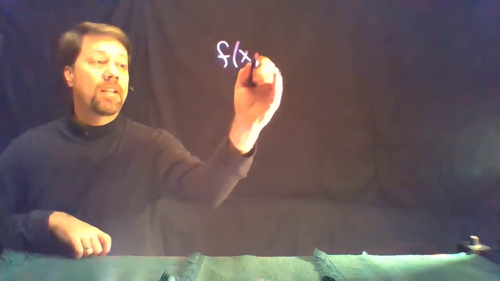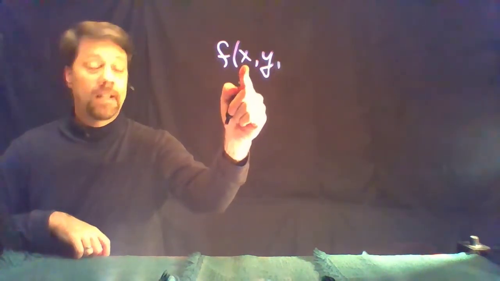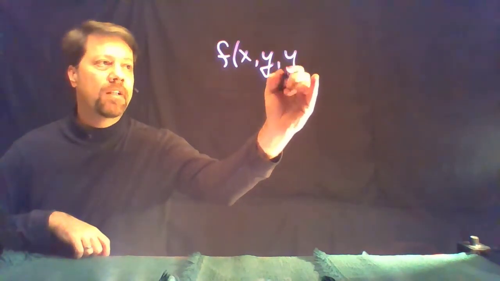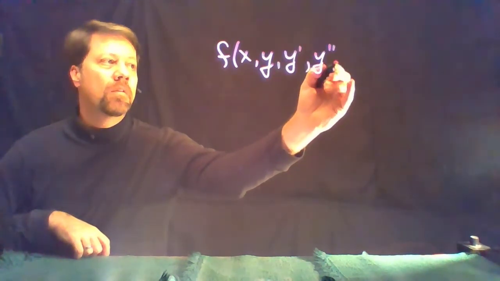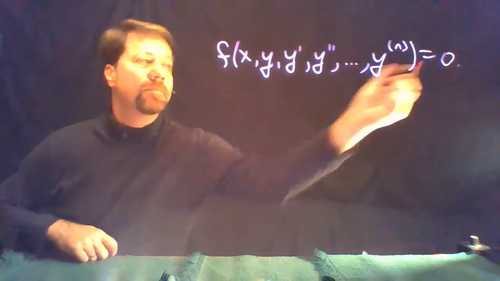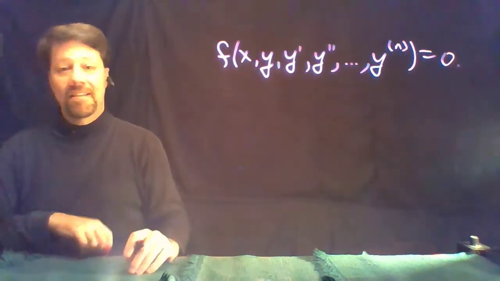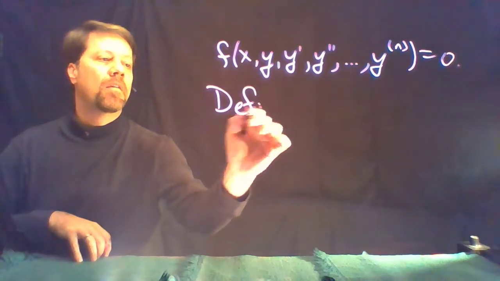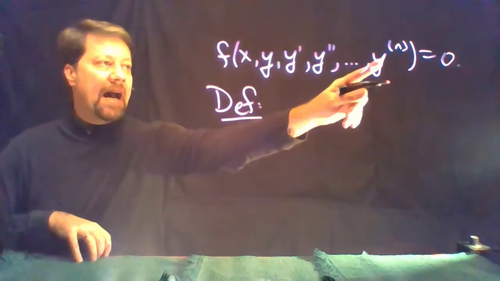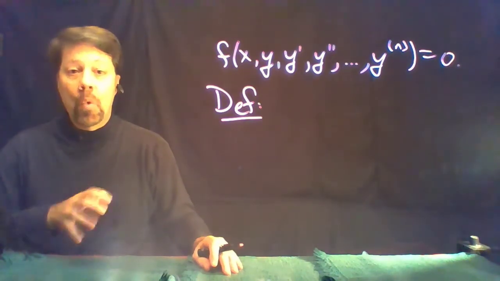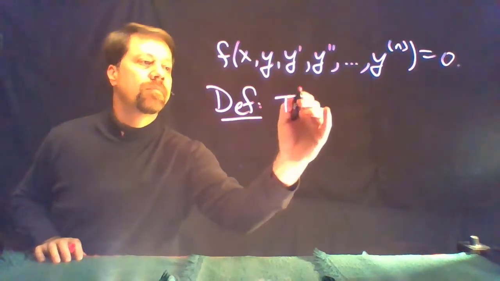So let me review. A differential equation is an equation involving an independent variable, a dependent variable y, some unknown function, and one or more of its derivatives. That is a general differential equation. The highest order derivative that appears in a differential equation is called the order of the differential equation.